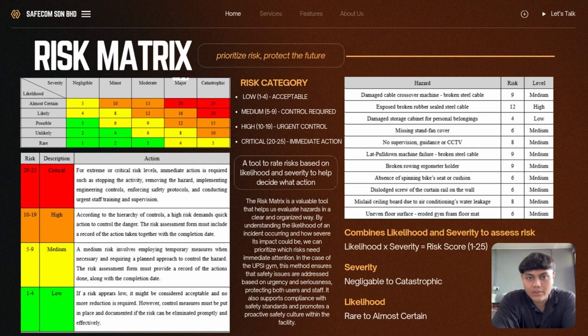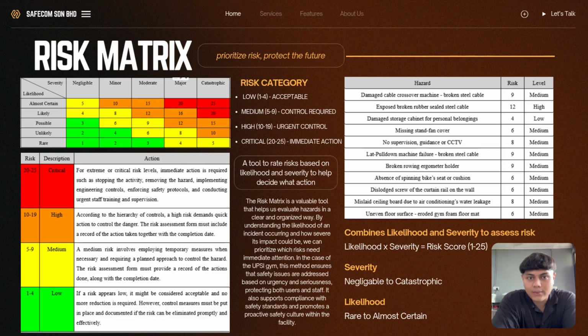From our assessment of the gym facilities, a total of 11 hazards were identified. Most of these, such as damaged gym equipment, missing fan covers, and unsupervised areas, fall into the medium risk category, with scores ranging from 6 to 9.